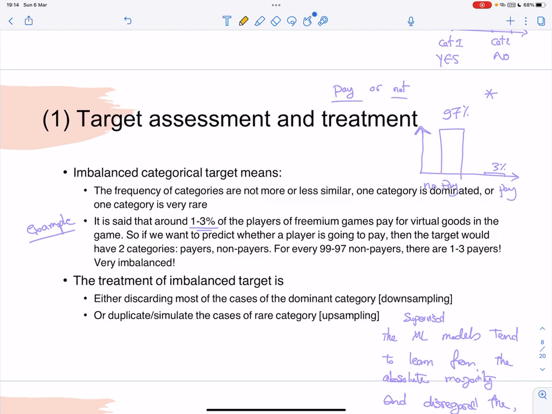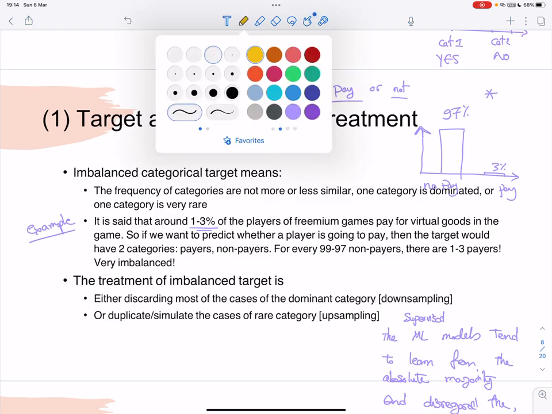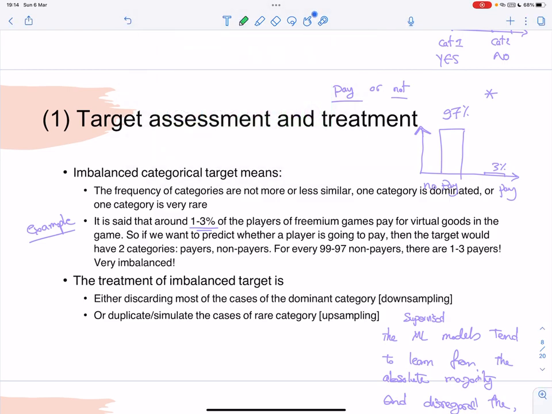What is that other approach? The other approach is, okay, we have these 3%, right? Let's duplicate them, or let's simulate new cases based on them in order to increase the pay cases, the rare category, to a level that it would be 50% once again. It is called upsampling.